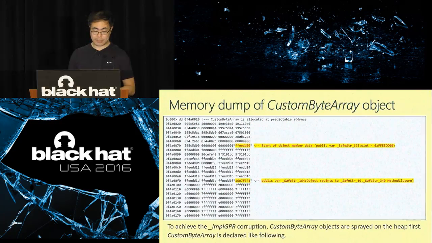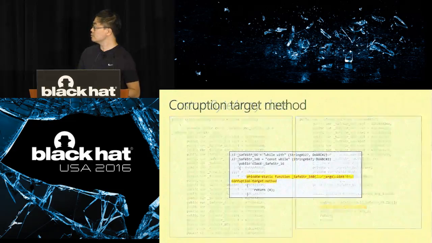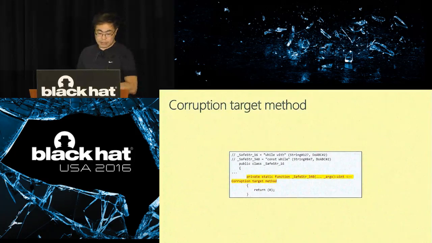The technique they used here is that they made their own custom byte array, and they just spray it on the heap. And there are some assignments there to initialize some variables. Yeah, here is the actual corruption target method.